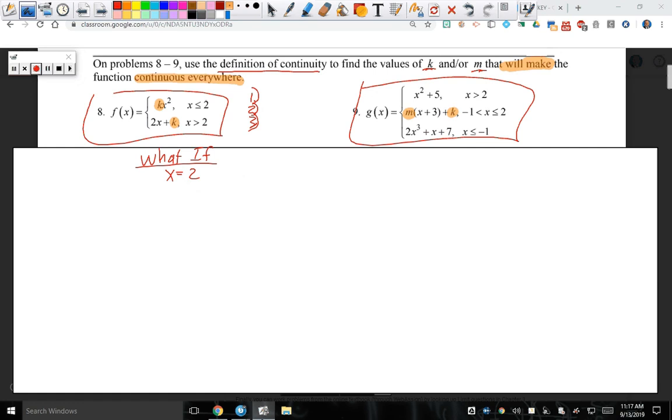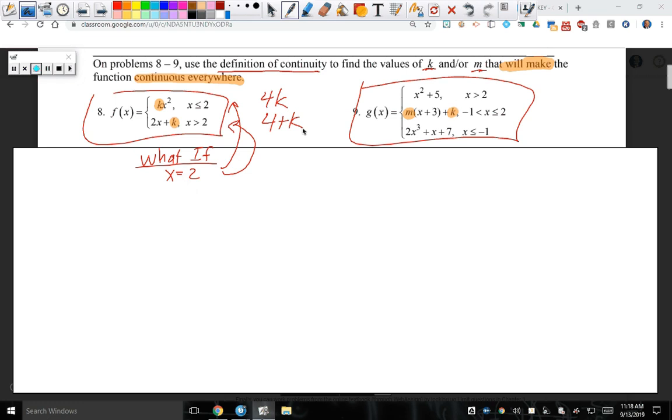For the first one, if x equaled 2, up here, what would I get? 4k. What would I get if x equaled 2 over here? 4 plus k. And for something to be continuous, it must meet at the same value. You with me?